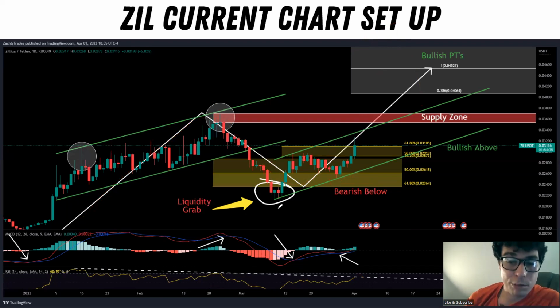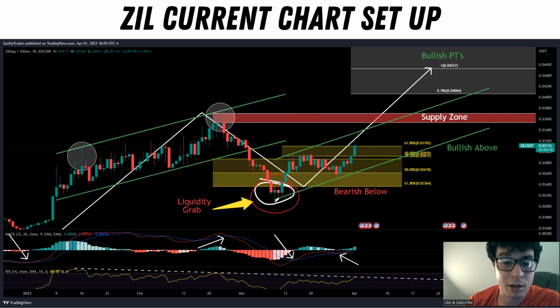People will have stop losses around this area, and they know that because they're using mathematical formulas like the ones I'm showing you. The fibs are a mathematical formula. So these algos, market makers, and whales essentially know where certain people's stop losses are, and they stop hunt and do liquidity grabs.